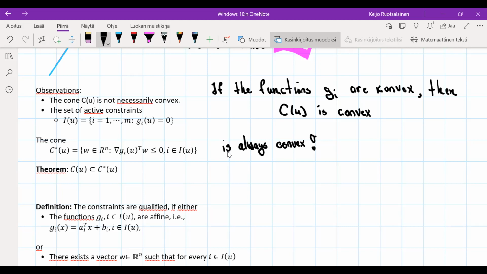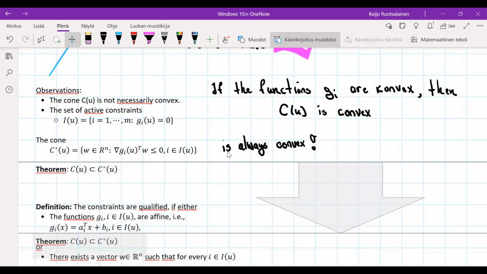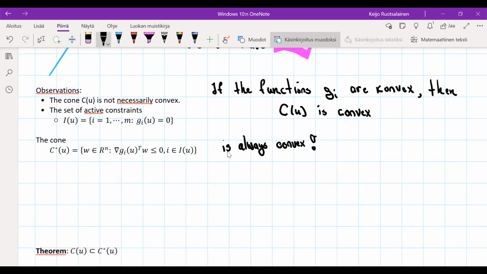So let us first look at how this cone C star looks, because I want to prove that the C star is just another way of writing these cones of feasible directions, at least in the case when we have a convex optimization problem.